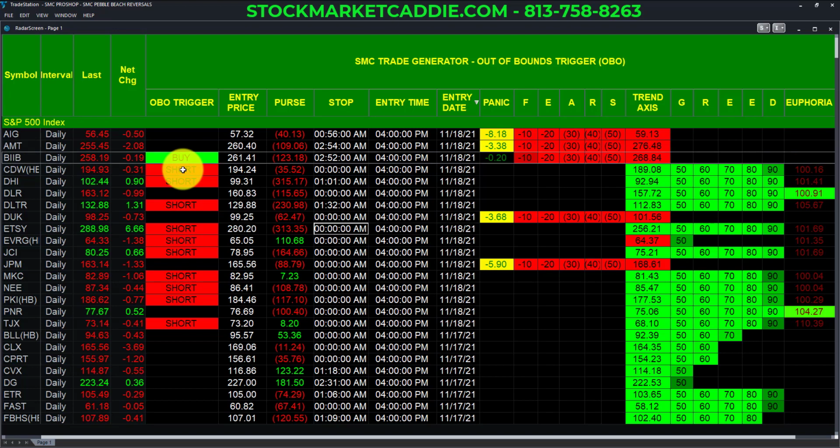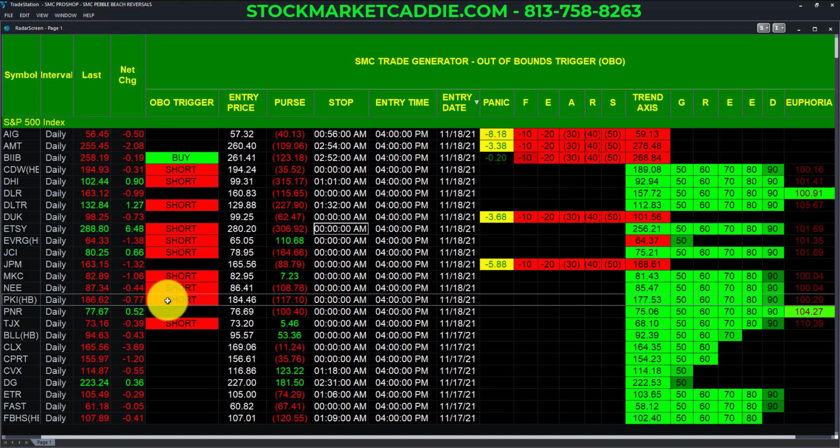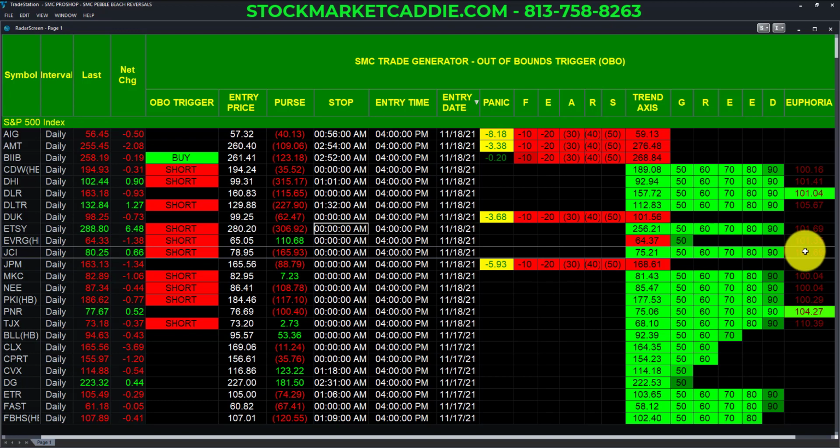What triggers the oboe is that the item on the interval must be in panic or in euphoria, and when it starts to move back in, coming back without any regard to candles, the price just starting to come back, it will trigger.